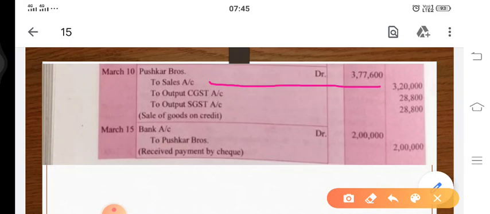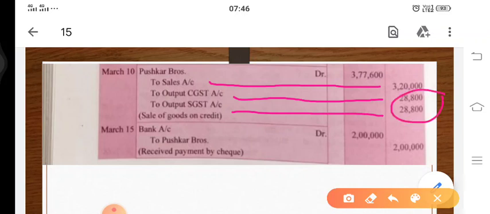So anything that we are liable to pay is a liability, and that is why output CGST and output SGST got credited, because this is the liability that we have to pay. As we already have discussed, both amounts are going to be 28,800 and 28,800.